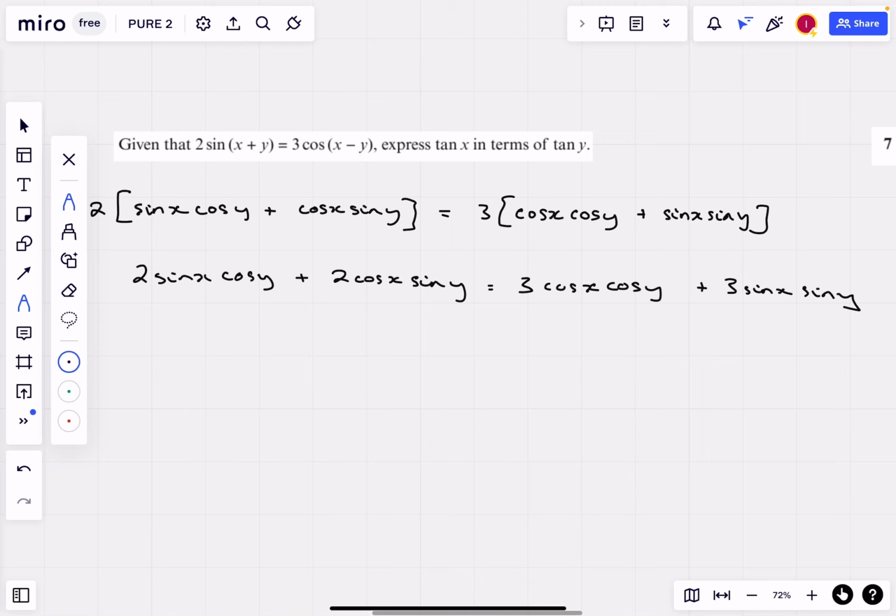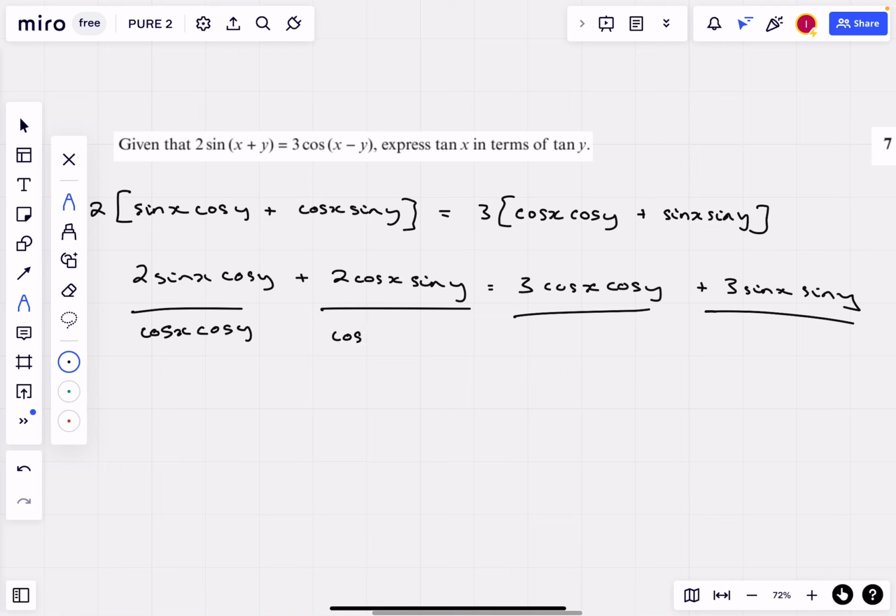tans. We want tan x. We want tan y. So what can we do in order to convert all our sines and cosines into tan x's and tan y's? You can divide each term by cos x cos y.